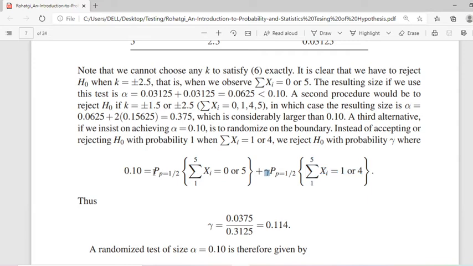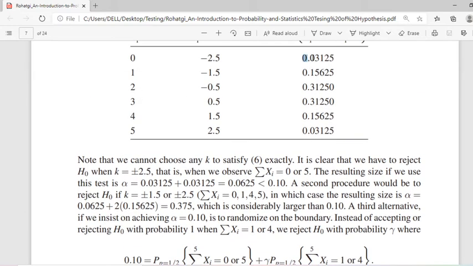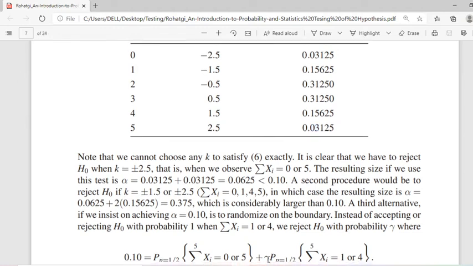Okay, so the entire rejection probability can be computed like this, using this formula. We have already computed the first probability: 0.0315 plus 0.0315, and gamma is not known.